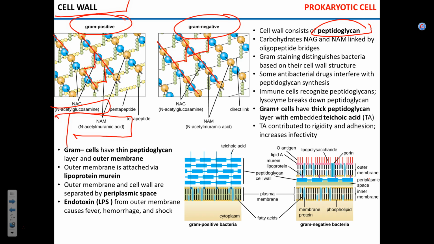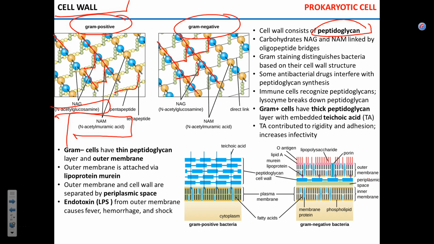There are minor differences in the length of peptide links between gram-positive and gram-negative, but overall, both of them have chains of monosaccharides connected by short peptide fragments. We're going to talk about the implications of that structure in a second.